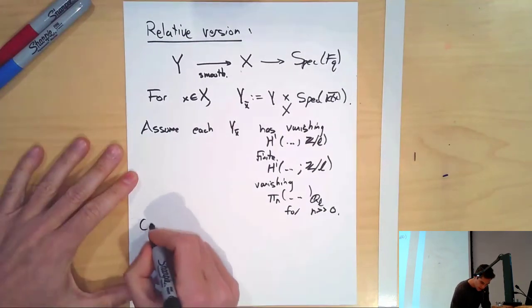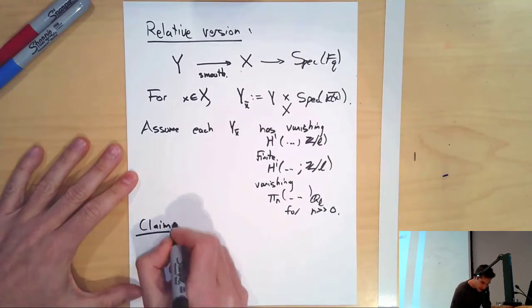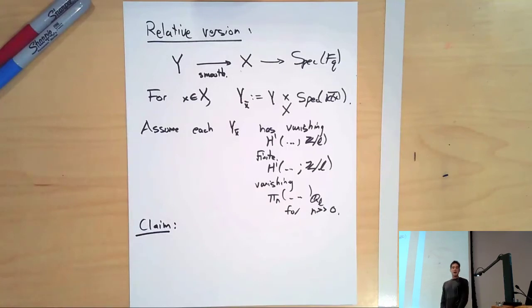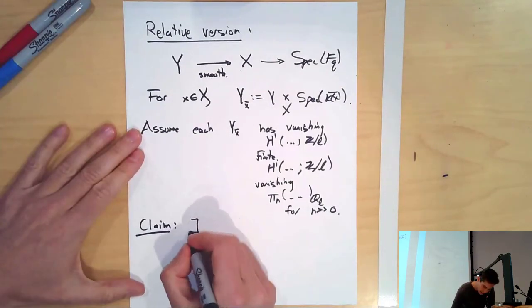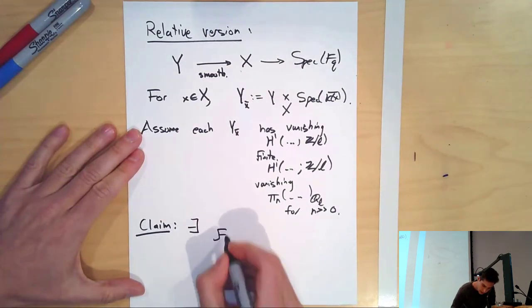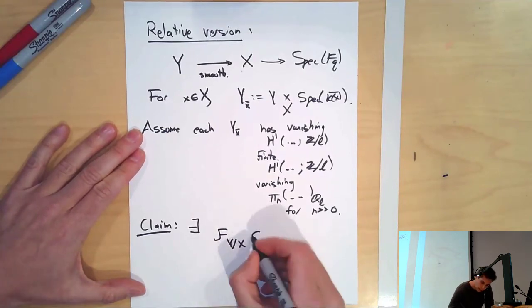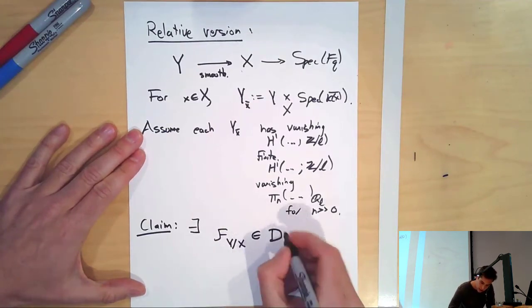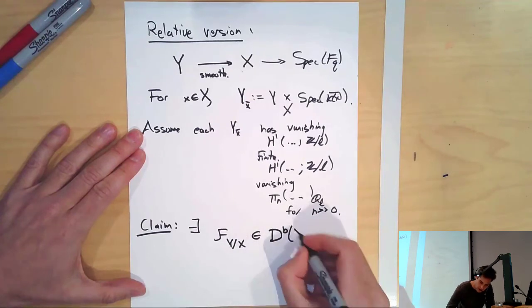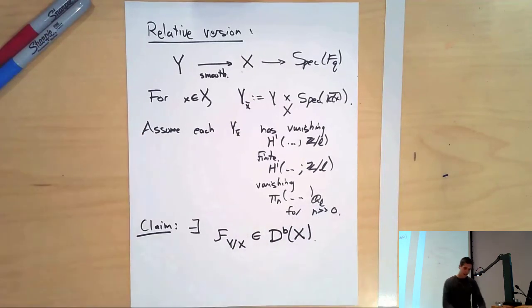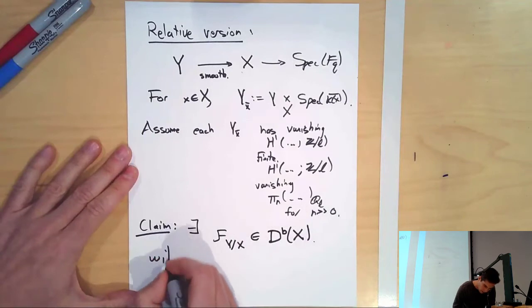So the claim is that, now I'll make the claim. The claim is that in this situation, I can define a relative version of these L-adic homotopy groups of Y. So that there exists an object, which I'm going to write as f sub Y over X. And what sort of an object is this? Well, it's something that lives in this bounded derived category of L-adic sheaves on X with the following features.